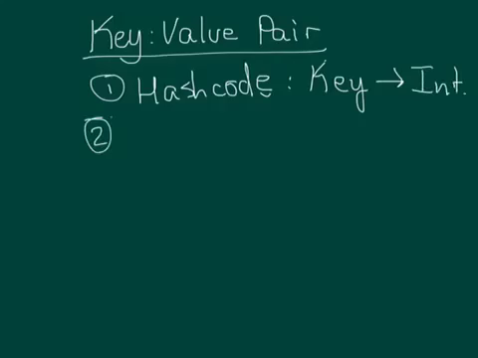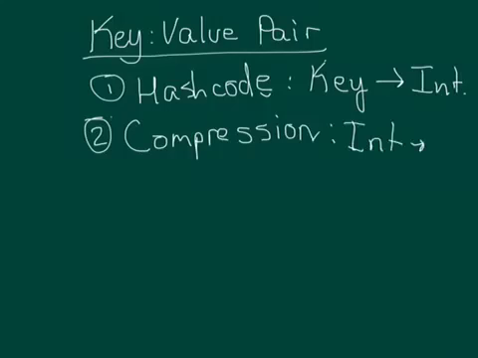Then it takes that integer, or it takes the hash code, and applies a compression function, and compresses the hash code into another integer, which is basically the bucket where the key value pair is supposed to be stored.